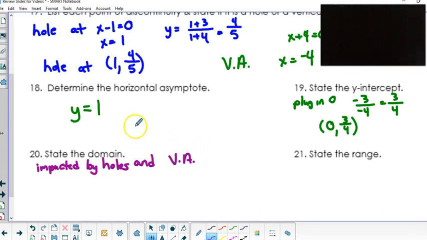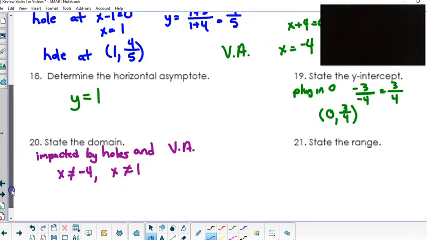Now, we had a hole right here at x equals 1, and we had a vertical asymptote at x equals -4. So this means that x cannot be -4 and x cannot be 1.